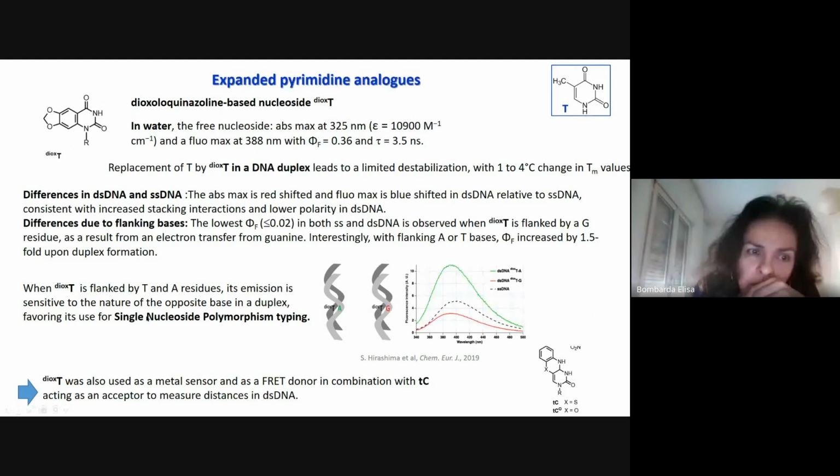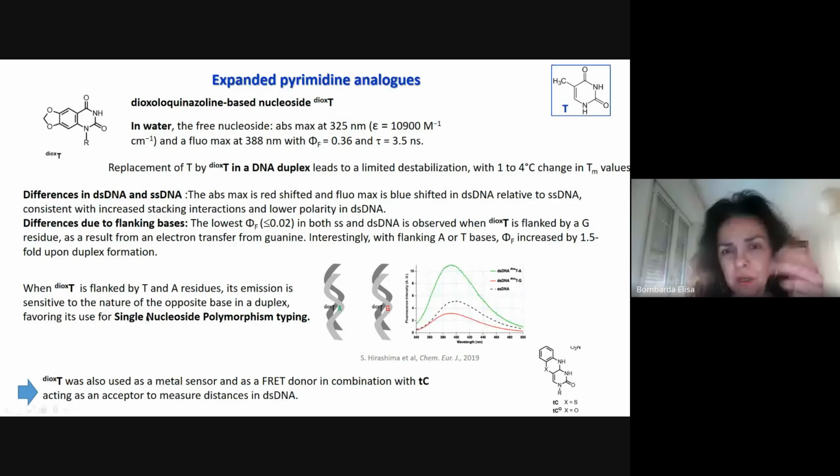The photophysics also depends on the flanking bases. The quantum yield, though, is very low in nucleic acid, and that is actually a common problem of this fluorescent nucleotide analog. It is anyway 2 orders of magnitude higher than the intrinsic fluorescence, but it is still very low.